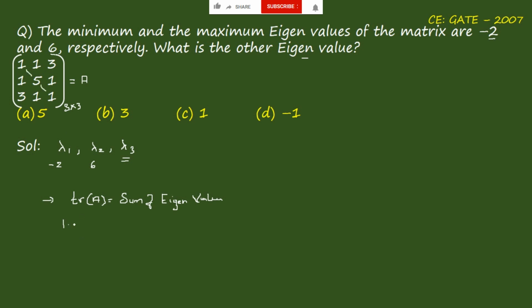So it becomes 1 plus 5 plus 1, which is equal to the sum of the eigenvalues, which is lambda 1 plus lambda 2 plus lambda 3. Right? So this becomes 7 is equal to minus 2 plus 6 plus lambda 3. So lambda 3 is equal to 7 minus 4, which is equal to 3. So the other eigenvalue is option B, 3.